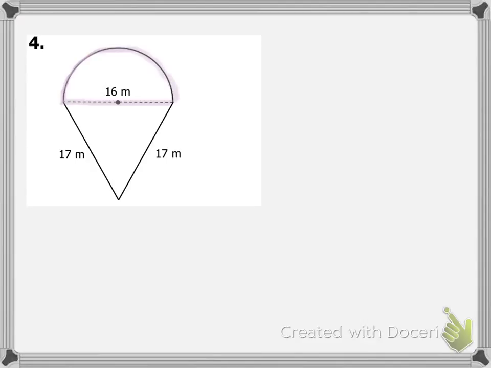Alright, so I know that it's telling me my diameter is 16, so that means my radius is going to be 8. So that's going to be my first figure that I'm going to do. So it's a semicircle. So just like we did just a second ago, it's half of your pi r squared.